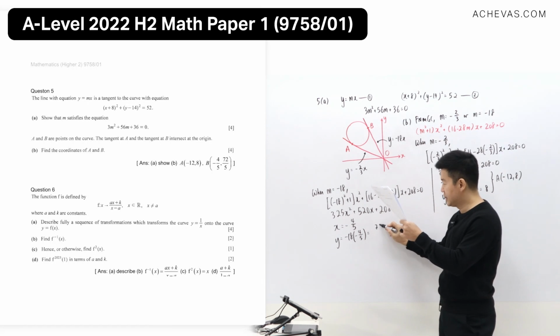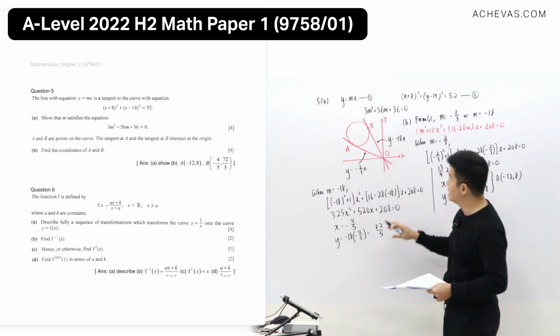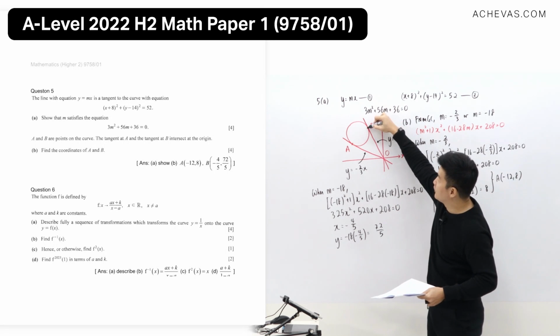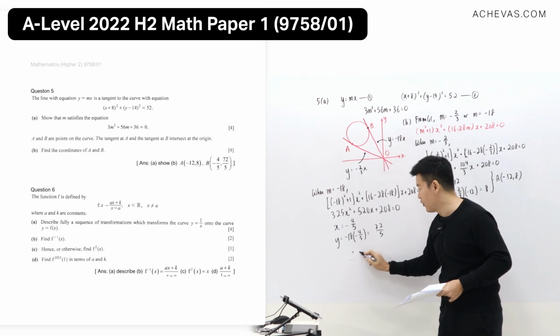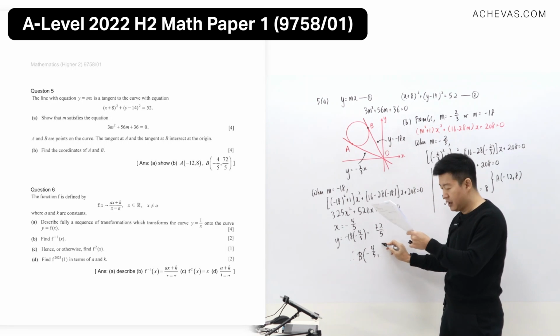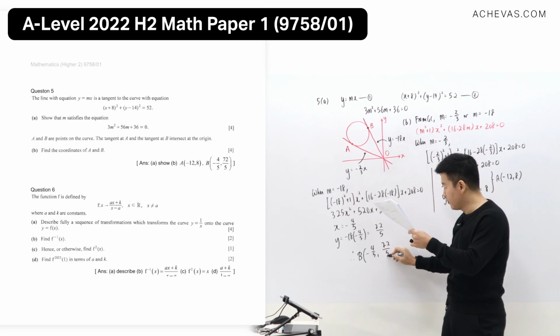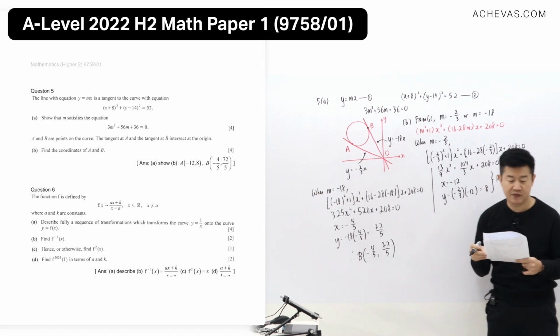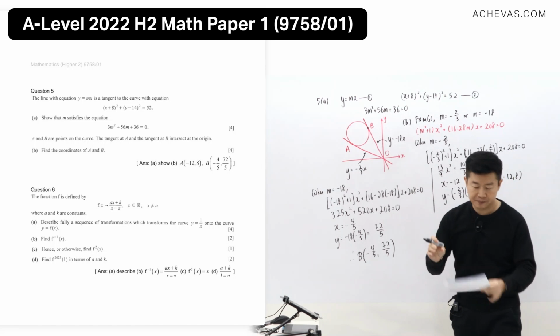This is equal to 72 over 5. This gives me the coordinates of this point here. So therefore, for point B, it is negative 4 over 5 and 72 over 5. This is for question number 5.